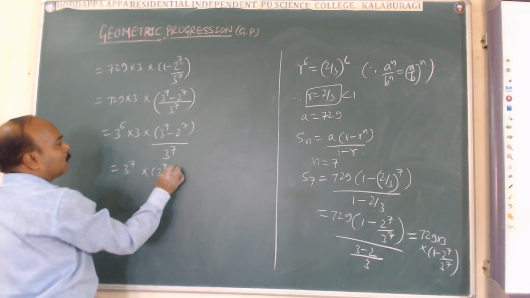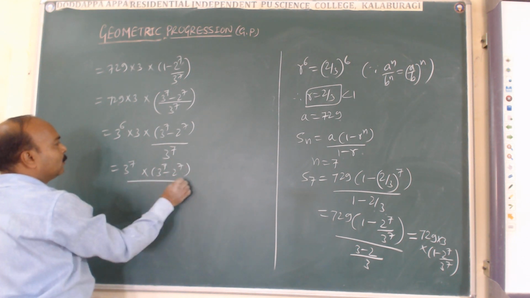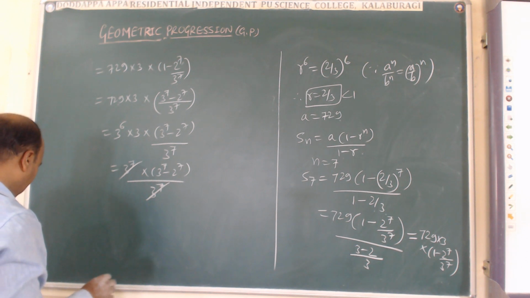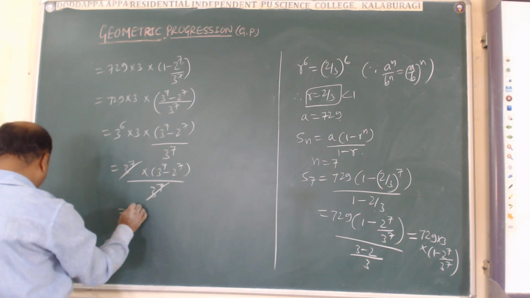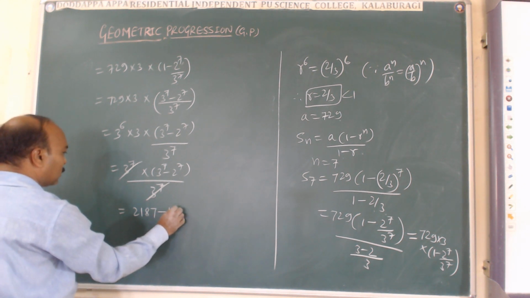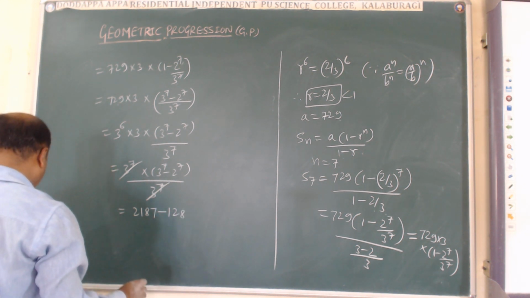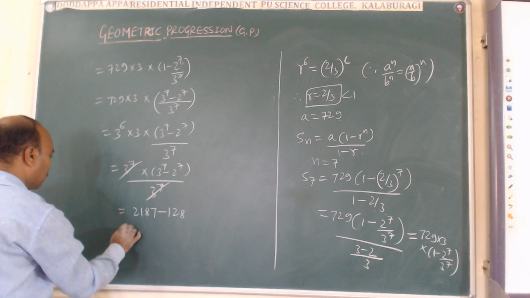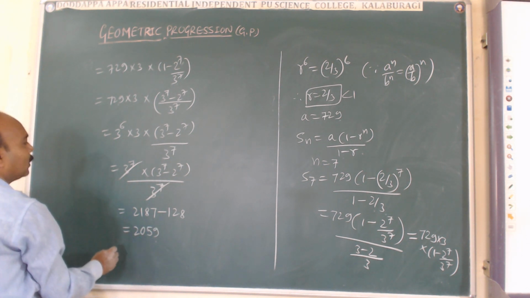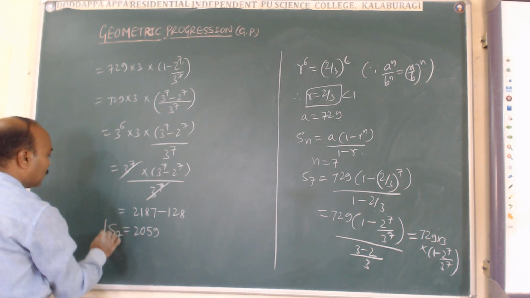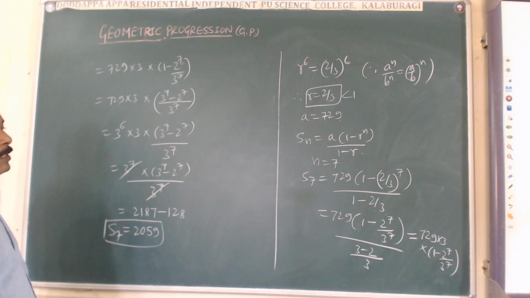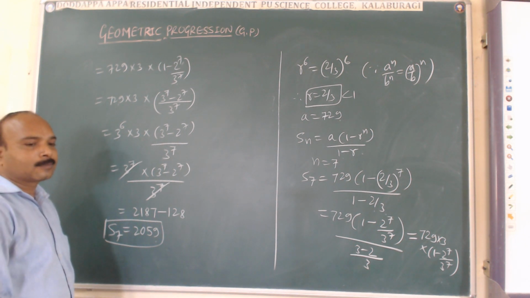It is 3^7 times (3^7 - 2^7) by 3^7. These two cancel. The value of 3^7 is 2187, minus 128. Now it is 2059. So this is the value of S7. It is the sum to 7 terms of the given geometric progression.